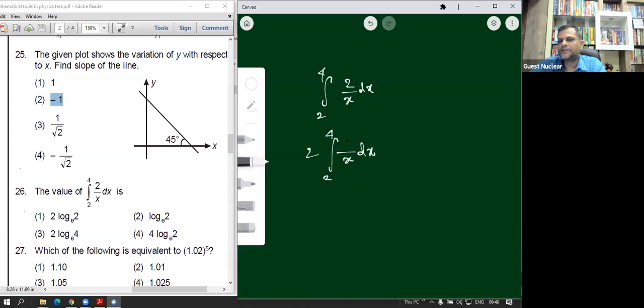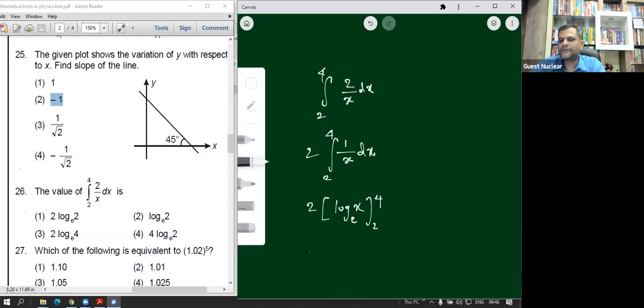Yes, अभी हम देख सकते हैं यहाँ पे कि 1 upon x का इंटीग्रेशन क्या होता है, जो हमने अभी भी देखा था, log x. याद है? तो इसलिए यहाँ पे आ जाएगा log of x and obviously to the base e, and that is from 2 to 4.